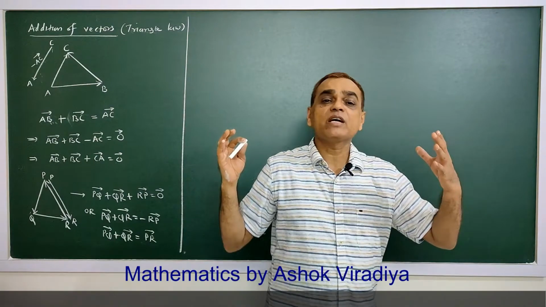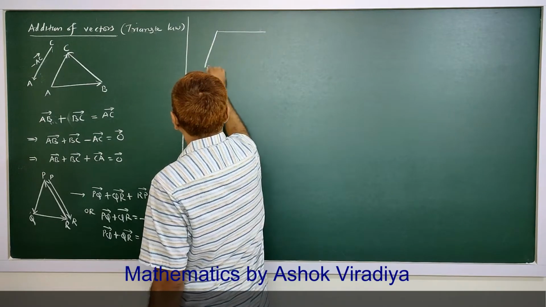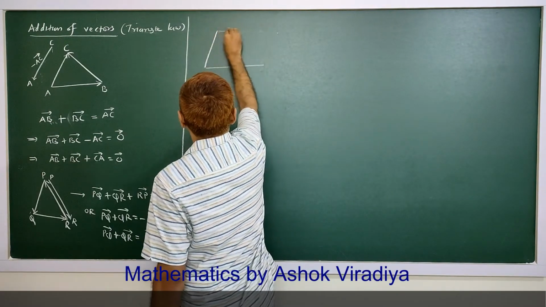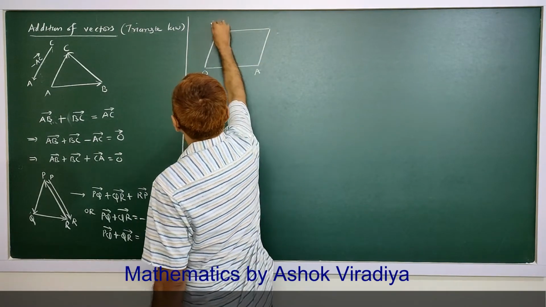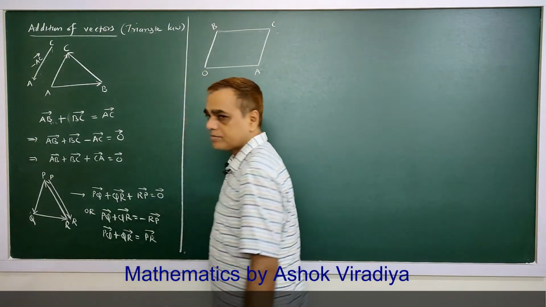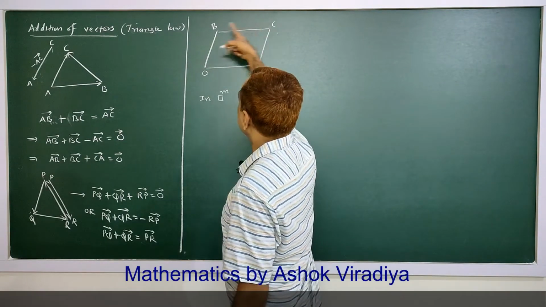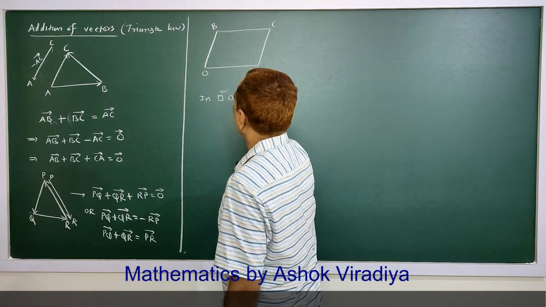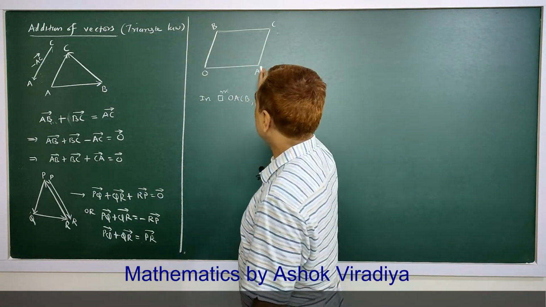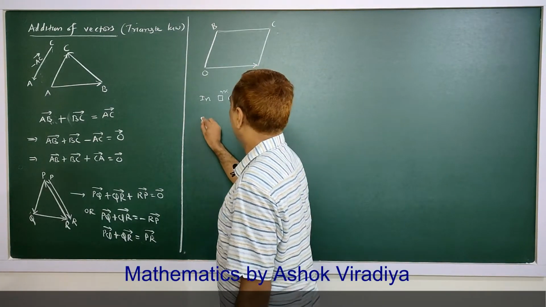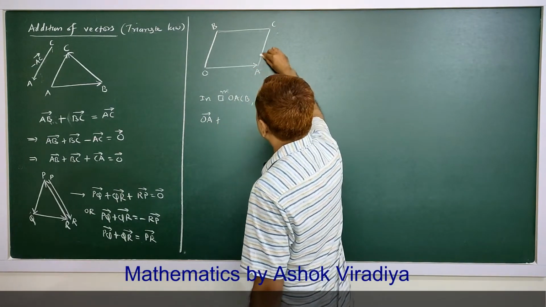Now same thing I am discussing using parallelogram. Suppose here I take a parallelogram O A, here I keep B, here C. In parallelogram OACB, this vector is vector OA plus vector AC.